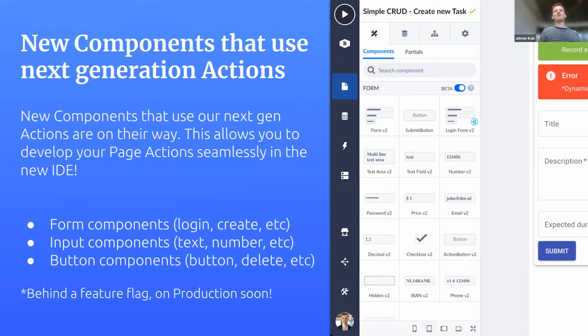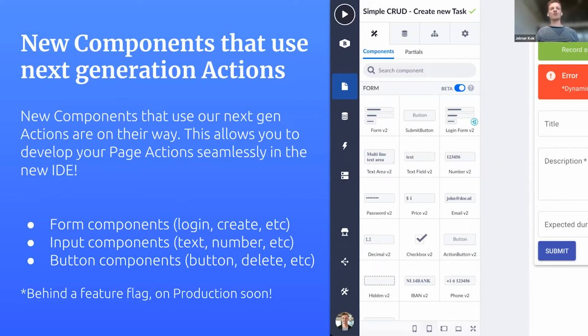So what we have now developed is a set of new components which automatically generates the new actions. And because they are using the new actions, you can also manage the workflow of the action in the IDE. So you don't have to switch to the old IDE again.